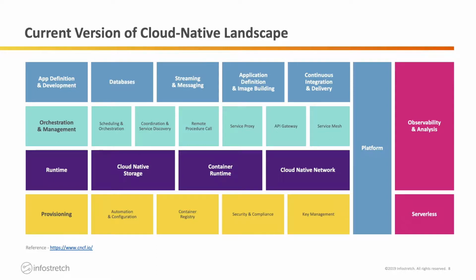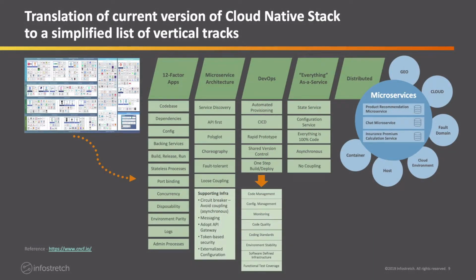So in the next slide, what we have done is to transform that into the cloud native components stack, how we put it into 5 vertical tracks. These are all the tracks that you will end up seeing in your application for your needs, right? So our testing approach is more tied towards these 5 vertical tracks.